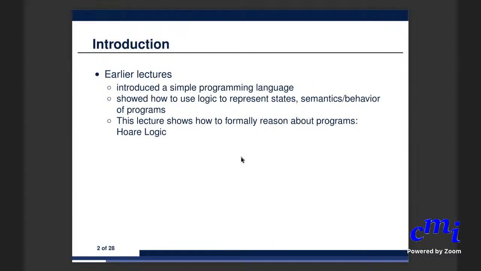In this lecture, we show how to formally reason about programs by looking at a specific logic constructed for that purpose, called Hoare Logic, named after the person who designed it, Hoare.